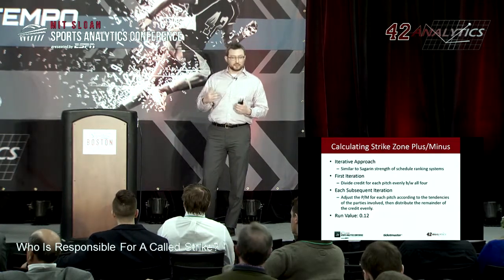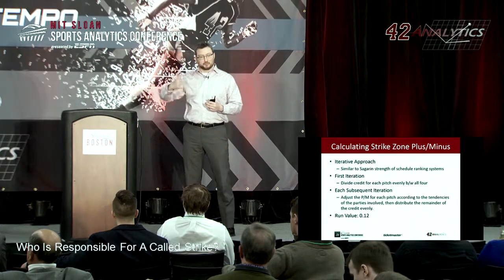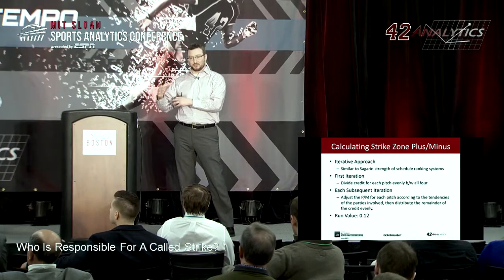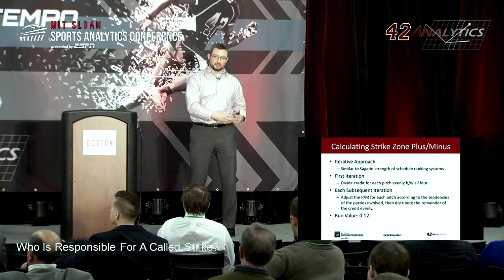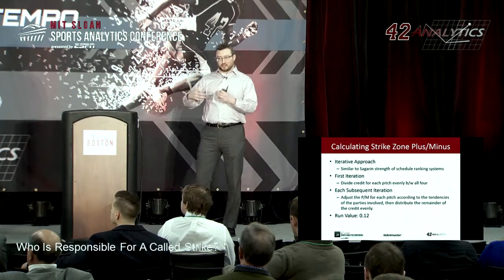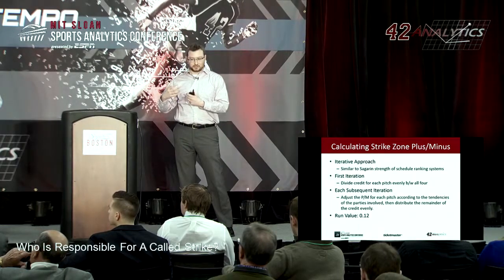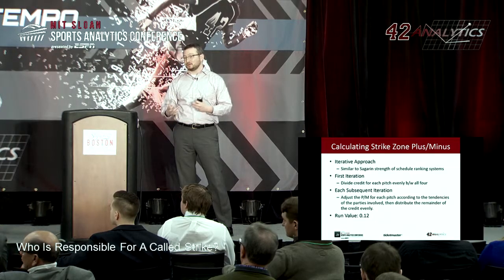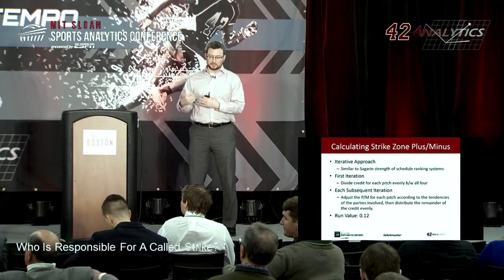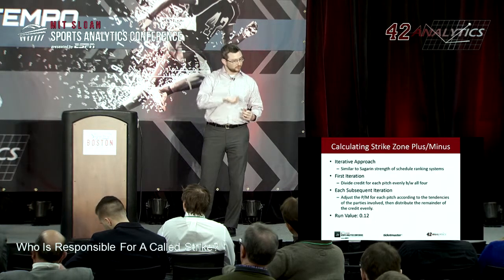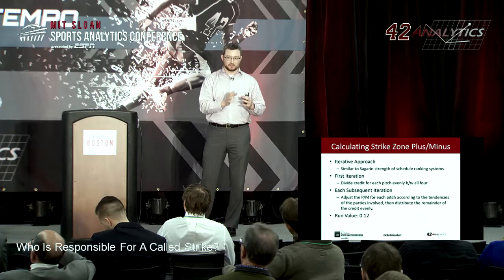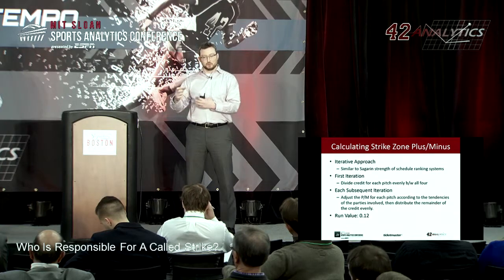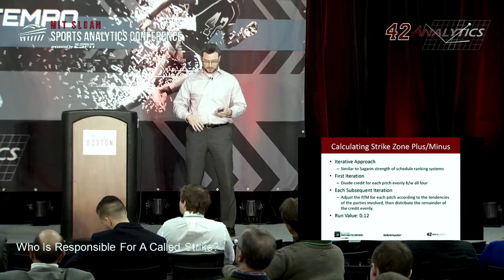Once we've done that for every pitch, when we add up all those credits and debits for every player, we can see that certain players are going to come out as a net positive, others net negative, and that'll start to indicate what their personal tendencies are, and inform us to circle back and make some adjustments on the credit that we're apportioning, and who actually deserves more and less of the credit on a given pitch.